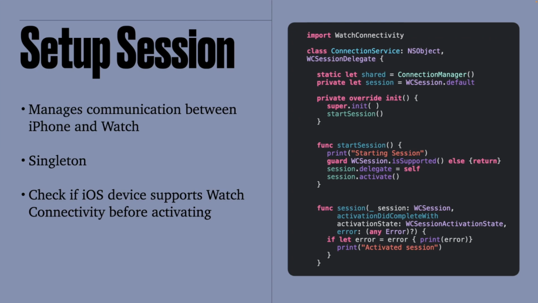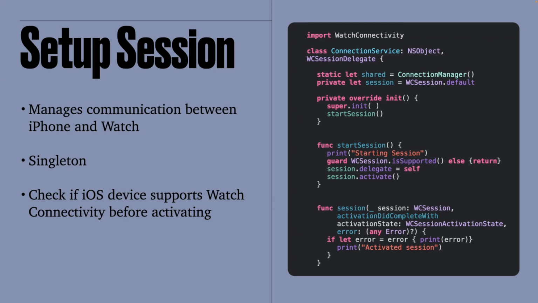But anyway, just to dig through this code snippet on the right, we're assuming this is going to be inside of our custom connection service object that we're going to make by the end of this tutorial. And so what we've got to do is call the parent initializer and override the initialization function for NSObject in order to use this watch connectivity session with our code.